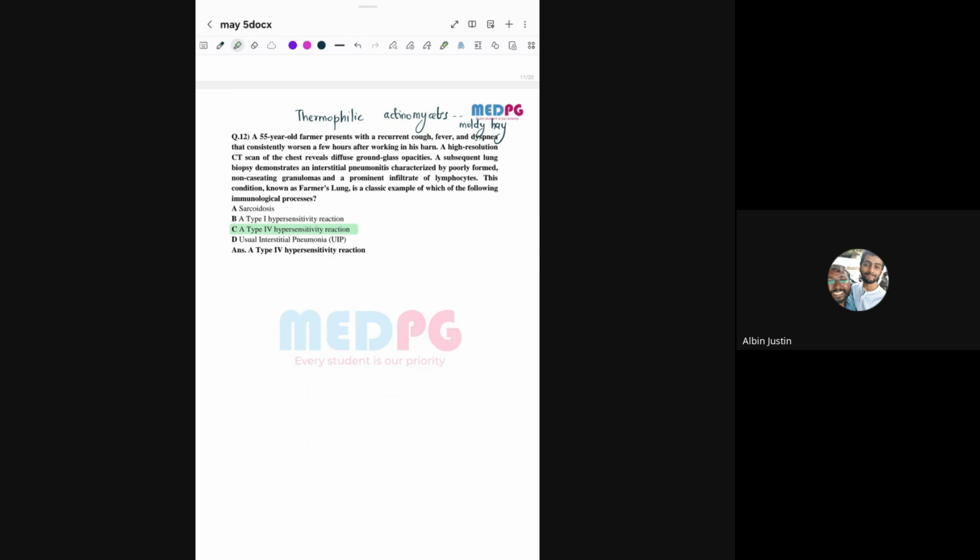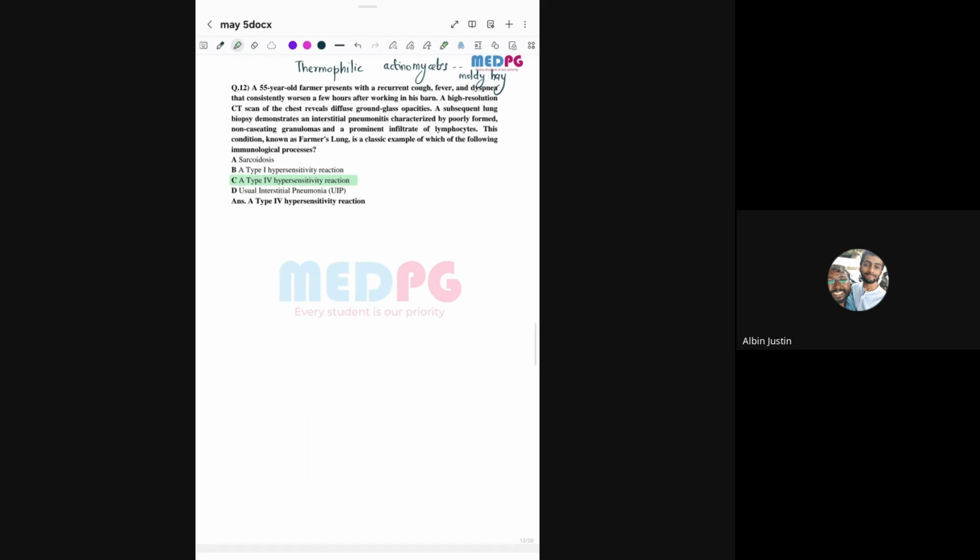Okay, just to brush up: type 1, type 2, type 3, type 4. So type 1 will be allergic. Here it will be cytotoxic.